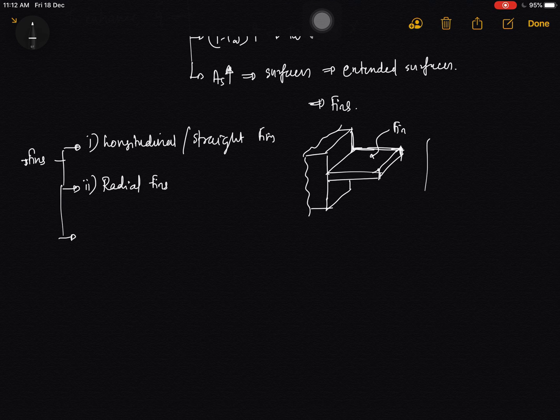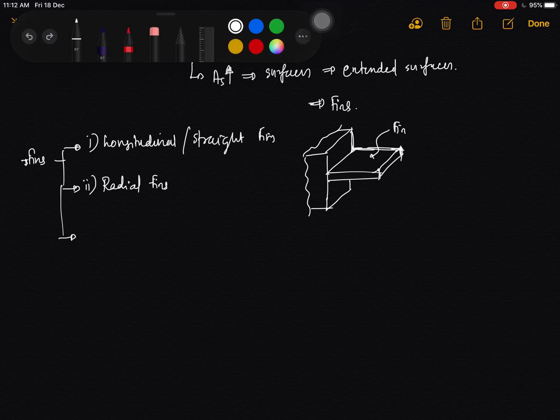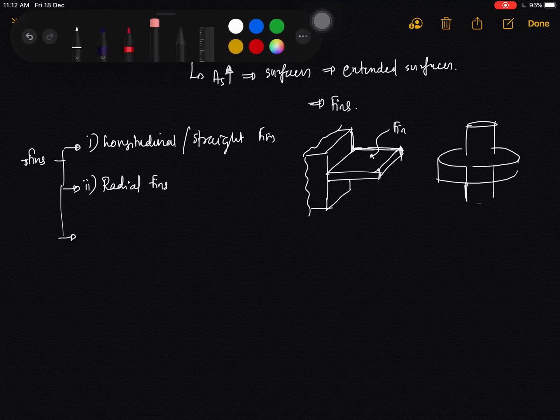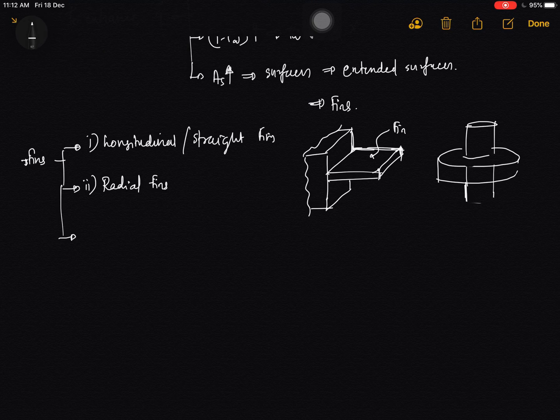The next classification is the radial or circumferential fins, and the radial or circumferential fins will be like so.